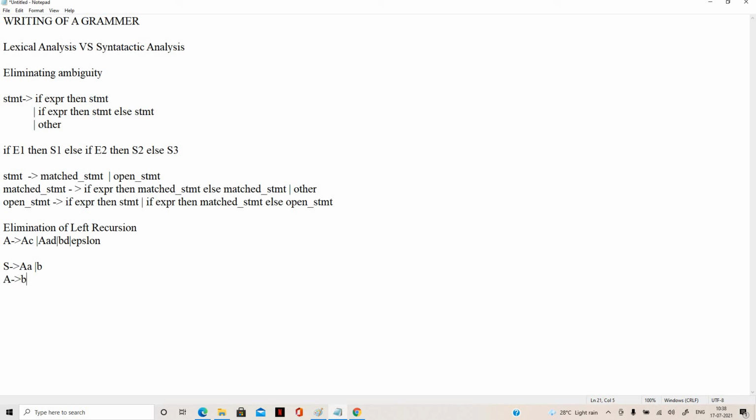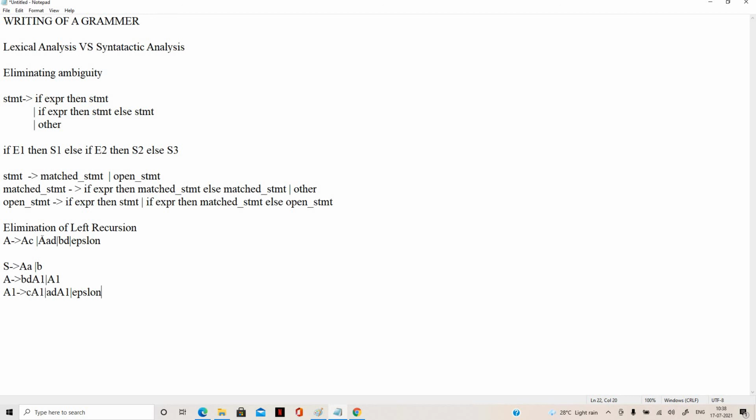So B D A dash I am going to introduce, or A dash. Similarly, A dash is nothing but C A dash or A D A dash or epsilon. So this is the grammar which I rewrote to eliminate left recursion.